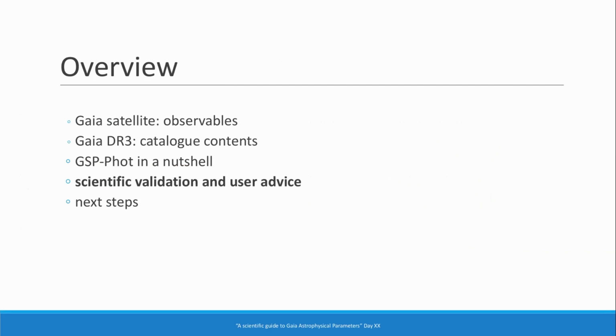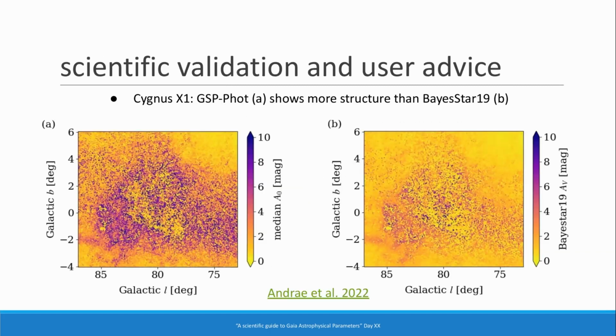Now let's look at some results from data release 3. So the first thing that you can do, getting extinction estimates for each individual star, you can just plot sky maps, bin the stars together and average their extinctions in each bin on the sky. And here we have done this for the Cygnus X1 region.